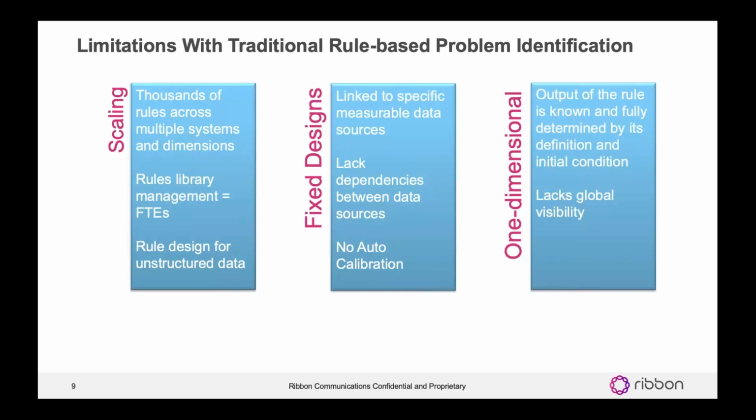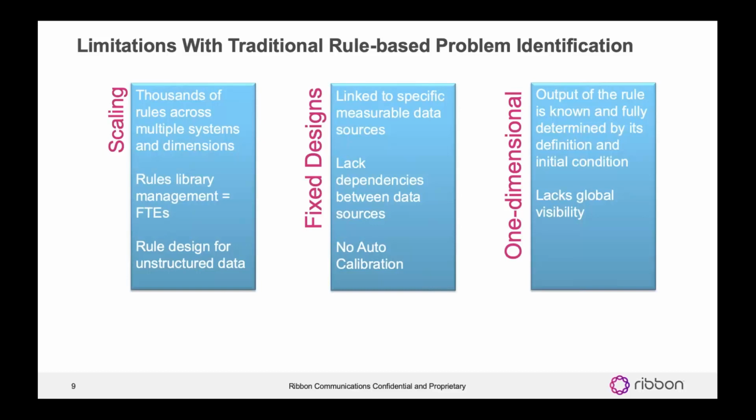And then, as we all know, they're very one-dimensional. As you build a rule, you're looking for a very specific deterministic type of outcome. And that outcome is going to be based on how you design that particular rule. So if I'm looking for, say, bad MOS scores within the network, I'm looking for a particular value based on certain conditions, and maybe it's in certain areas of the network that I'm defining out.